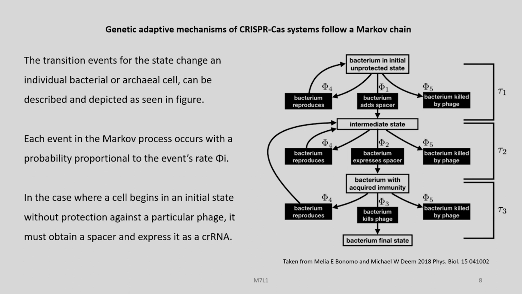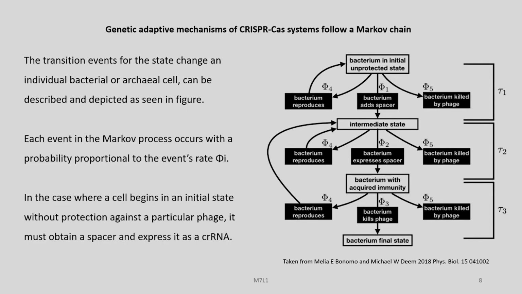So, basically the transition events for the state change on individual bacterial or archaeal cell can be described and depicted as shown in this figure, which we have discussed in detail. Each event in this Markov process occurs with a probability proportional to the event's rate called phi I. So, this is phi 1, phi 2, phi 3, and the other states phi 4 and phi 5, each state depicting one kind of event.